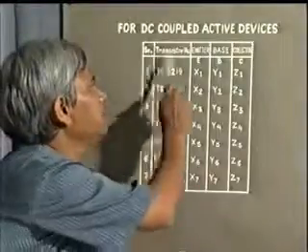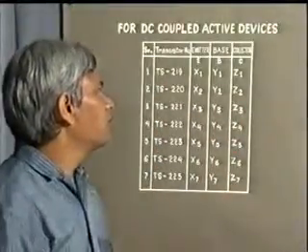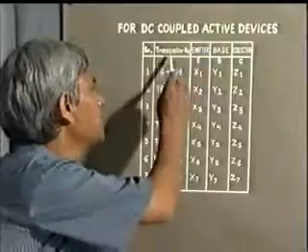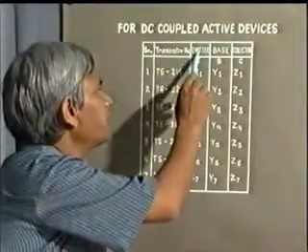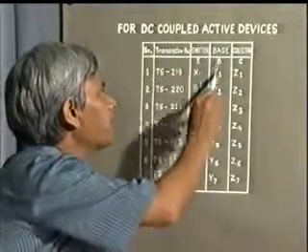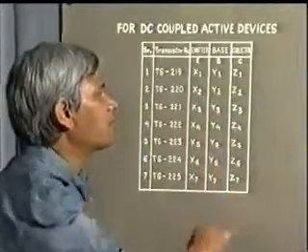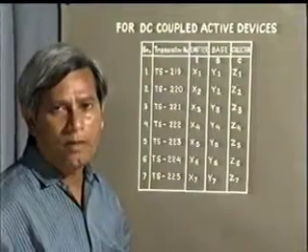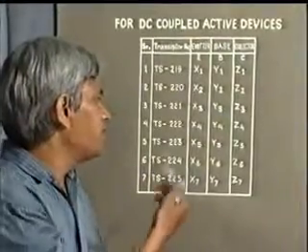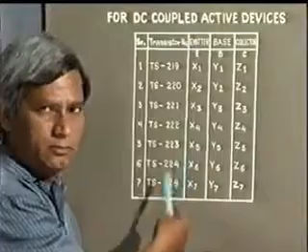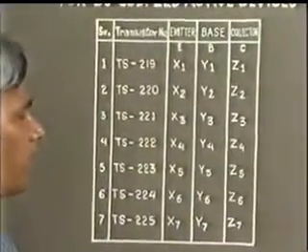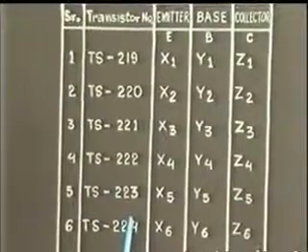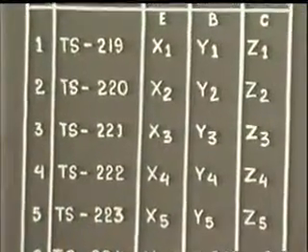Here in the chart, we have noted the transistor number and their corresponding emitter, base and collector voltages. Seeing this figure, let us find out which transistor is misbehaving.